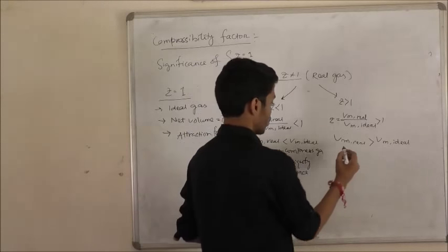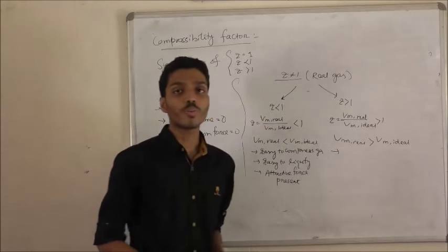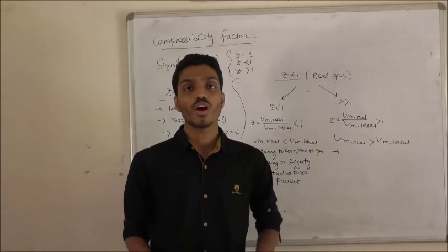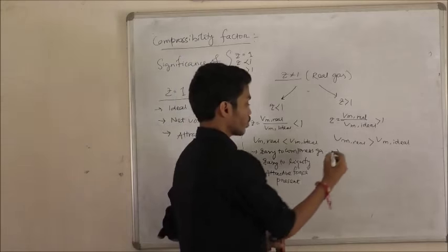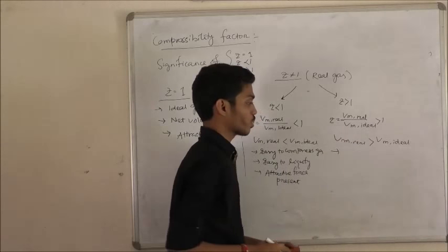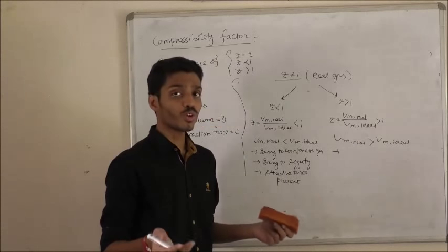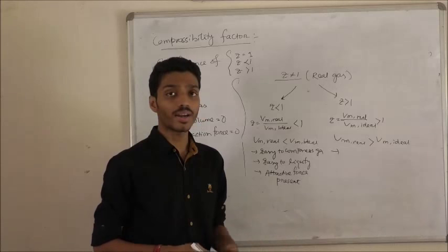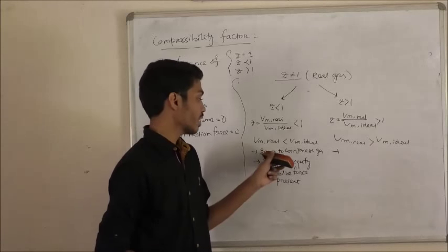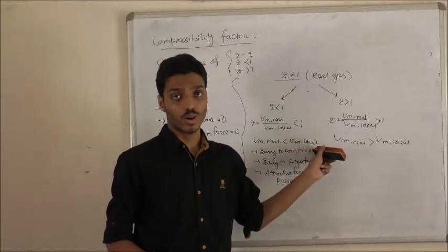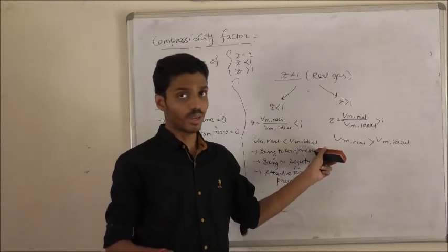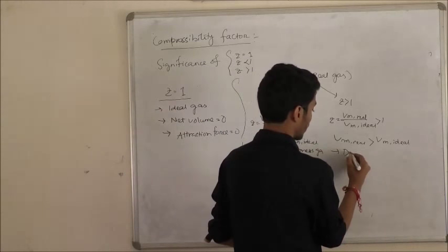So it means that the volume of real gas is more than the volume of ideal gas. So how is it possible? If the volume of real gas is more than the volume of ideal gas, that means it's difficult to compress the gas, because we have a higher volume of gas.